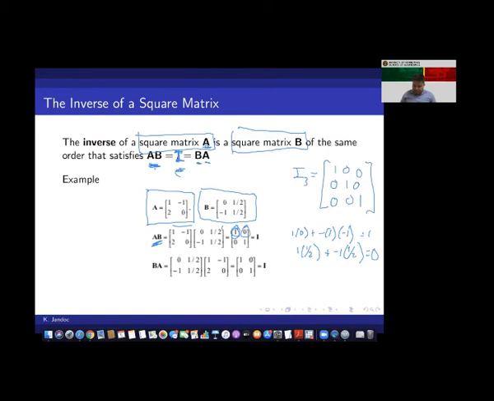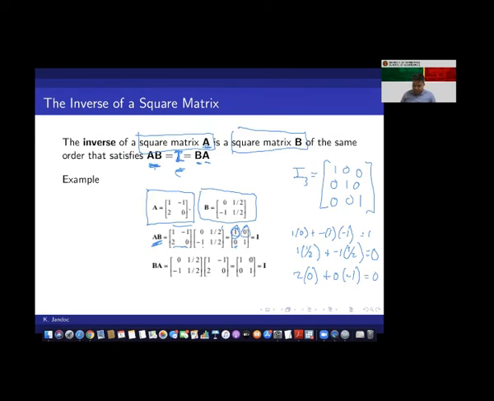And just to finish up, how do you compute this entry over here? Just get the inner product of the second row of A and the first column of B. So it's 2 times 0 plus 0 times -1, which is equal to 0.